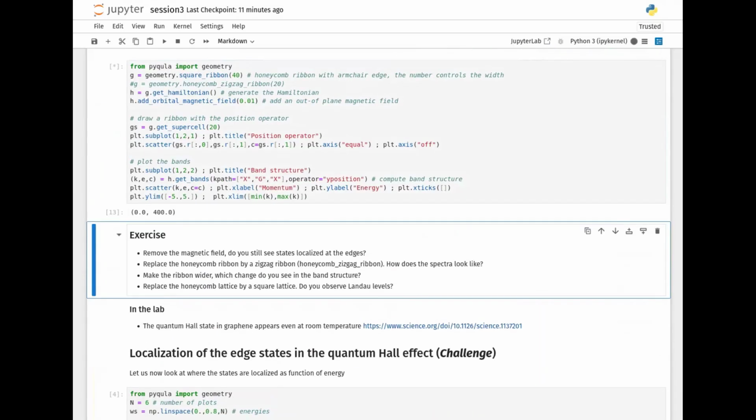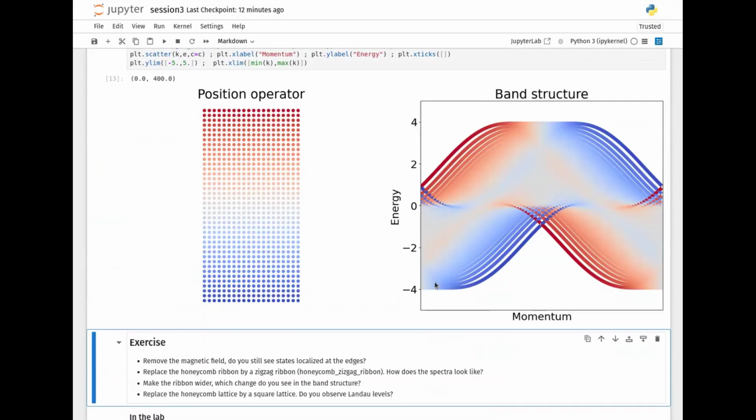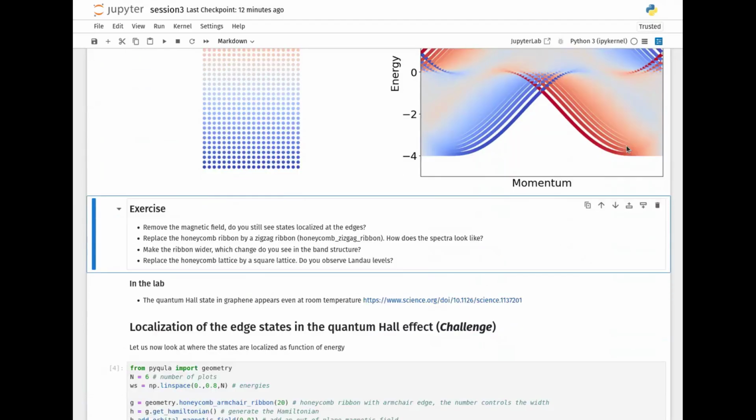So the wider you make the ribbon, the more you are separating the edge states, and the more clearly you see bulk states and edge states propagating in opposite directions. And so the appearance of bulk states and edge states when you apply a magnetic field is a generic feature that appears in any lattice, and it's called the quantum Hall state. And in a way, it is one of the simplest topological states.